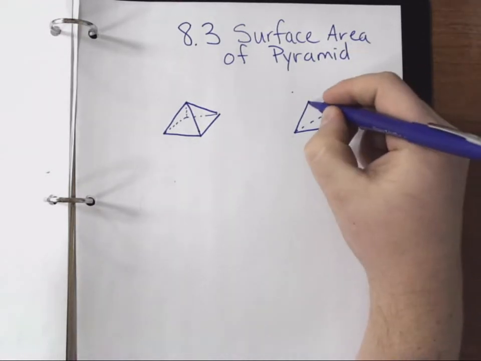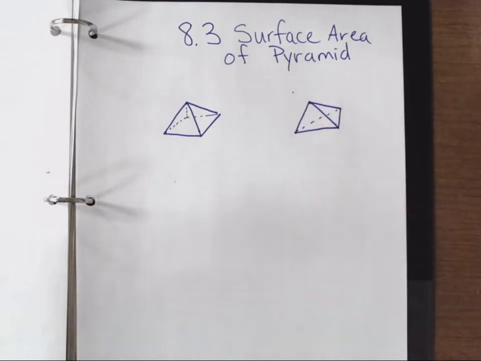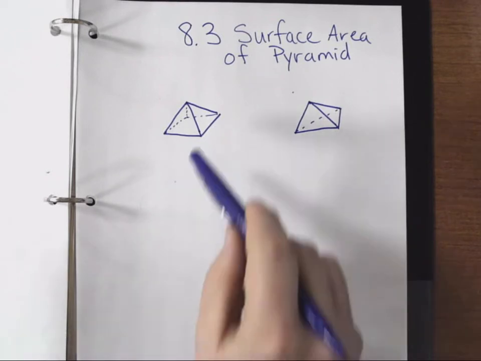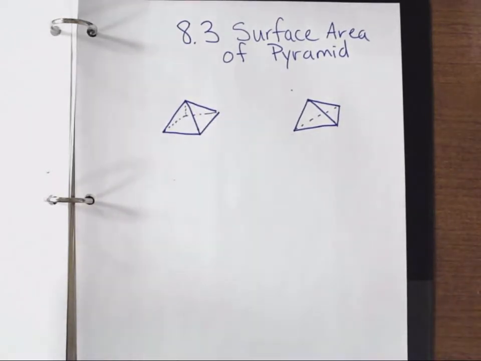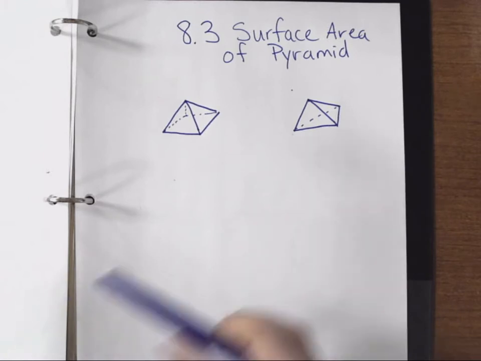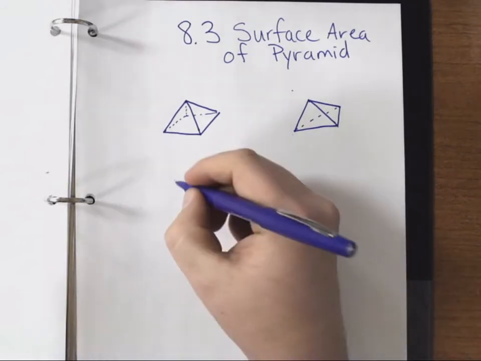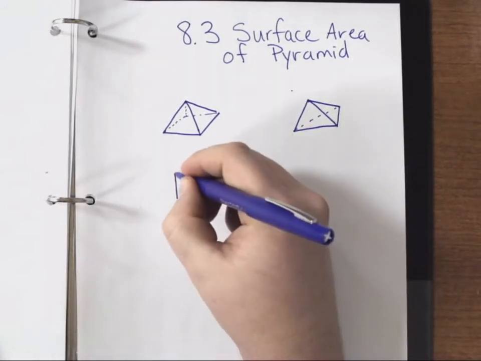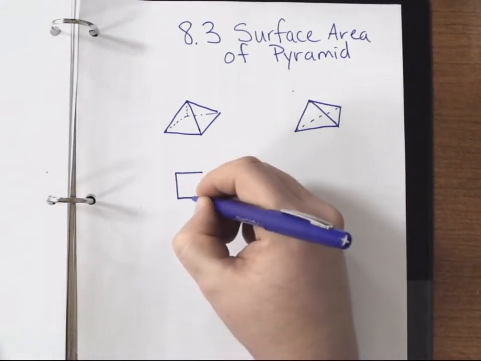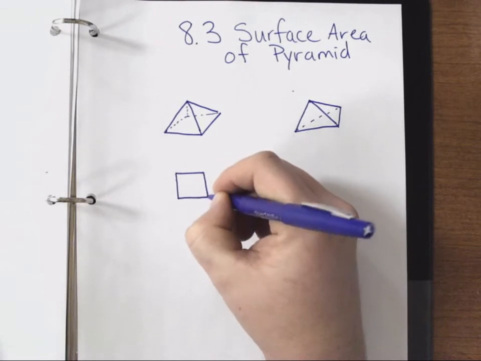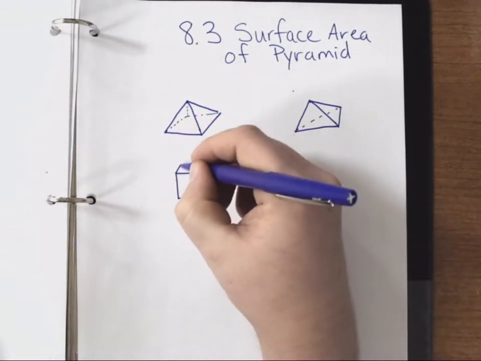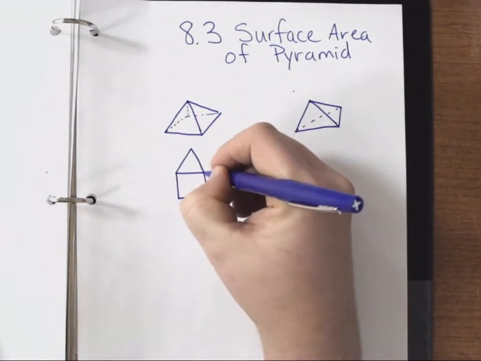So we have worked on drawing nets of our different shapes. So remember, the names of our pyramids come from the name of the shape of their base. So this one is a rectangular pyramid because the base is a rectangle. So my base in the middle of my net is going to be a rectangle or a square with triangles on all sides.